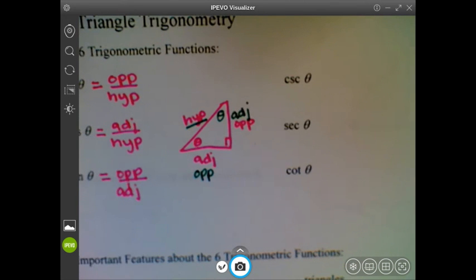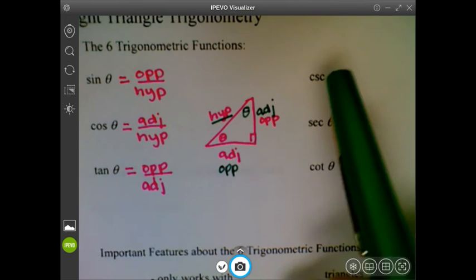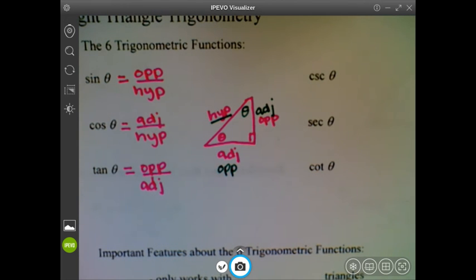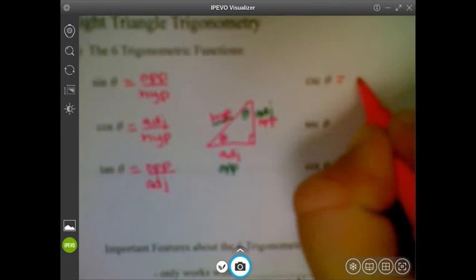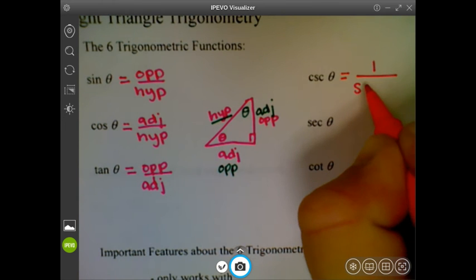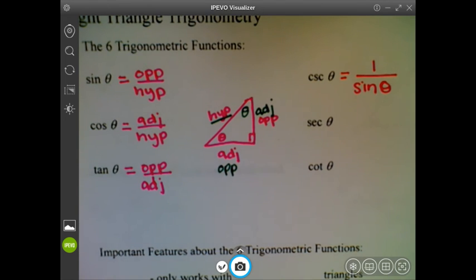All right. Cosecant, secant, and cotangent are based off of sine, cosine, and tangent. The cosecant is the reciprocal of sine, so that would be 1 over the sine.